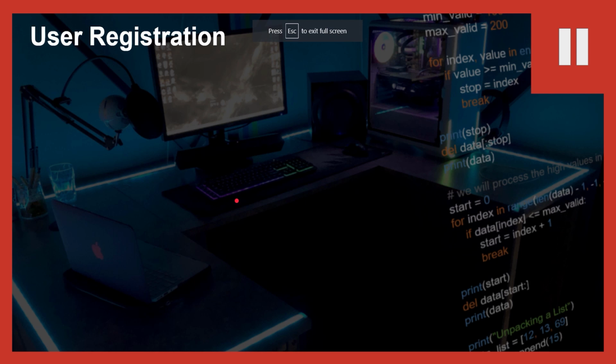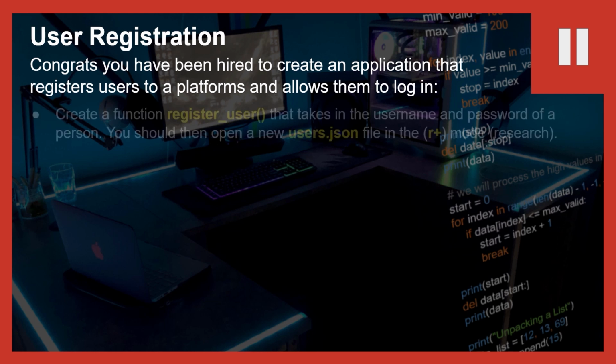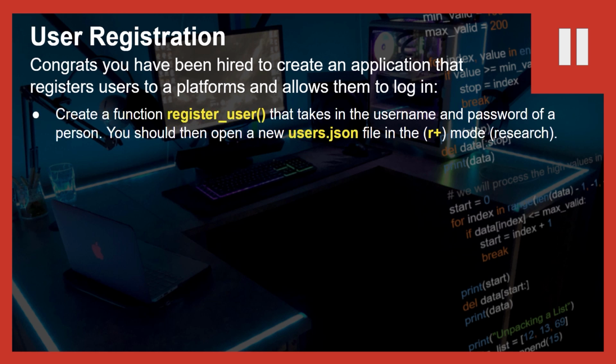Okay, so it's time for some user registration. Congrats, you have been hired to create an application that registers users to a platform and allows them to log in. First of all, you'll need to create a function, register user, that takes in the username and password of a person.